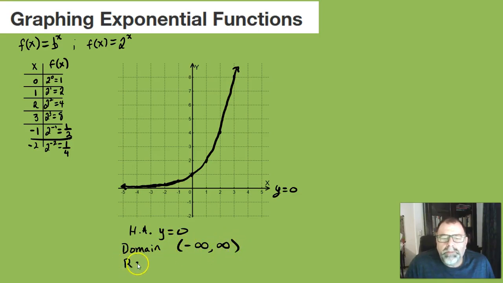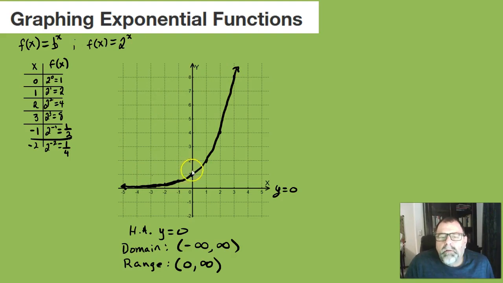And the range is just the positive values, so it'll never equal 0. It doesn't equal 0, so we use a parenthesis. Okay, so those characteristics. Now, if b is greater than 1, it's going to have this shape.